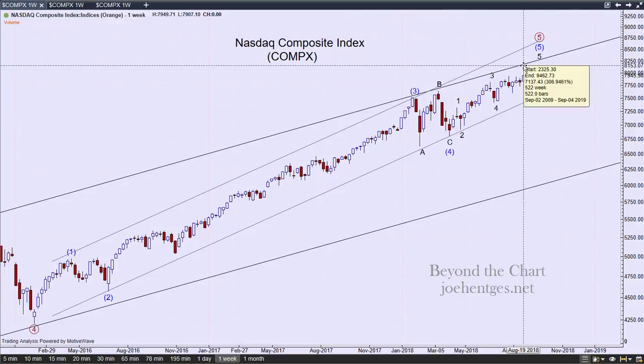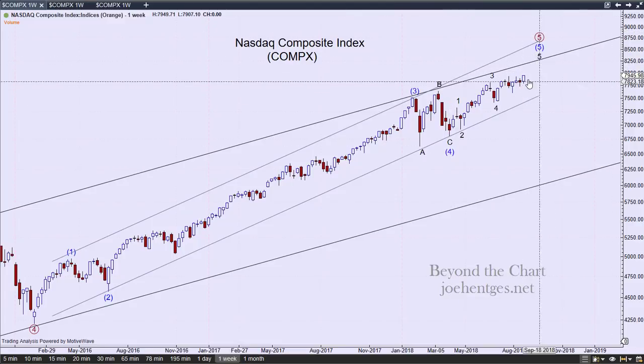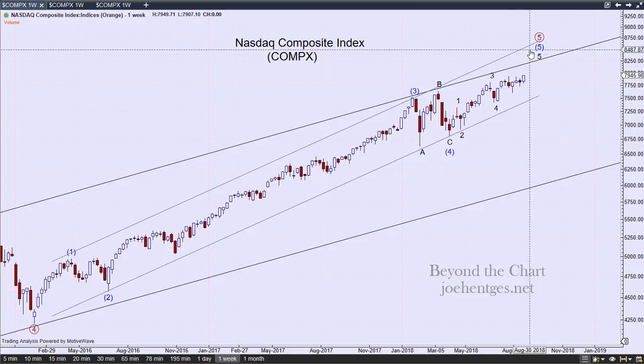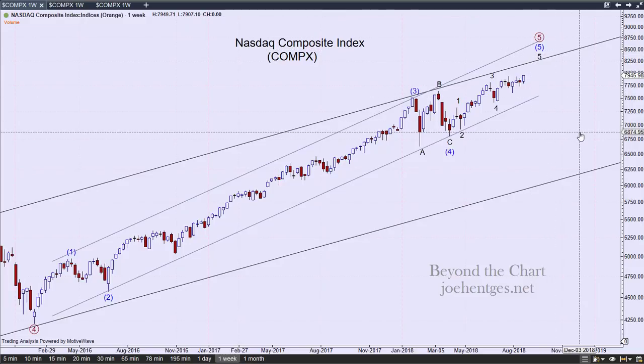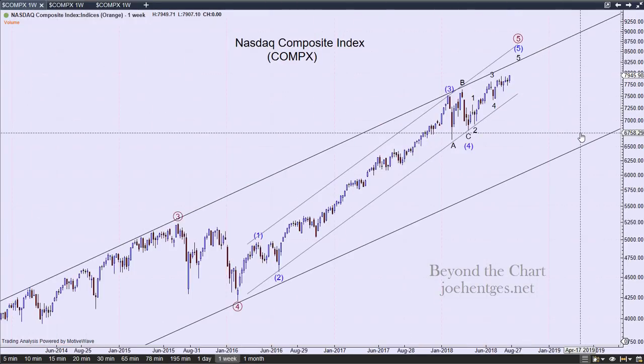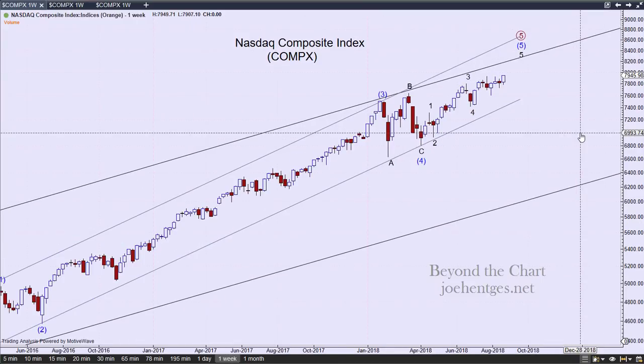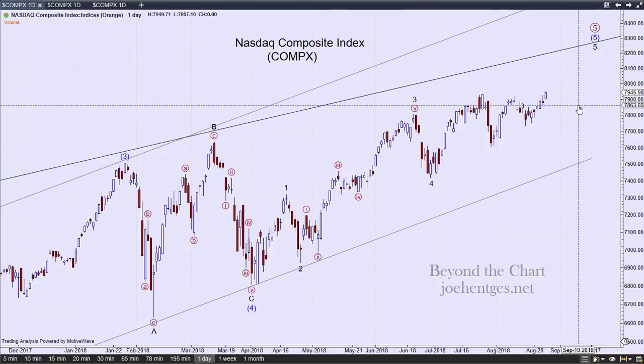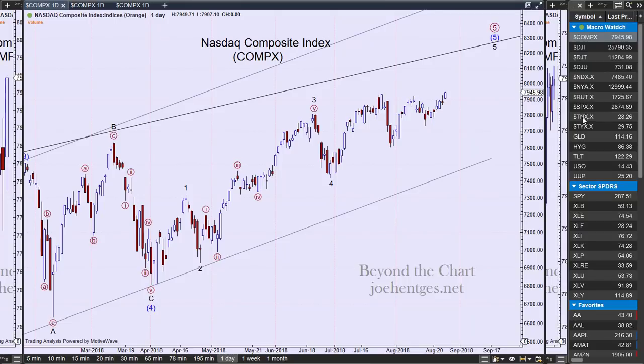So we could get a throw over of the bigger channel as this aggressively moves to the high side. What's the bigger channel? The bigger channel is the entire move from March 2009. So that's the picture. That's why I'm showing those trend lines. All right, so back to the daily. Here's how that looks.